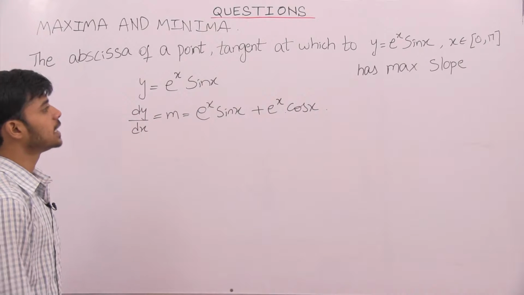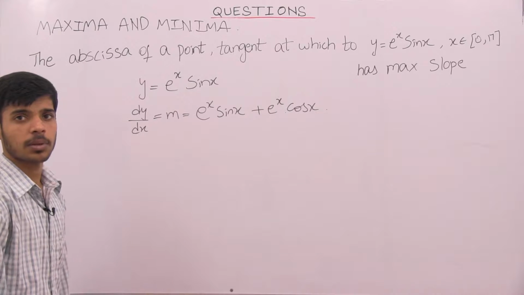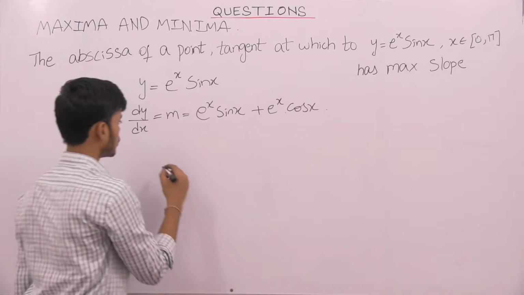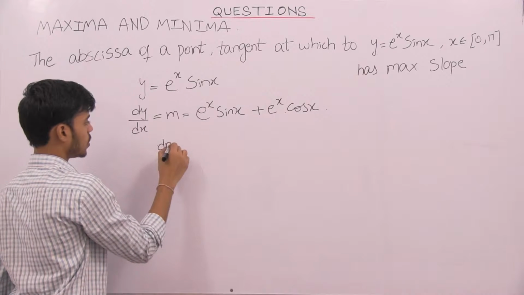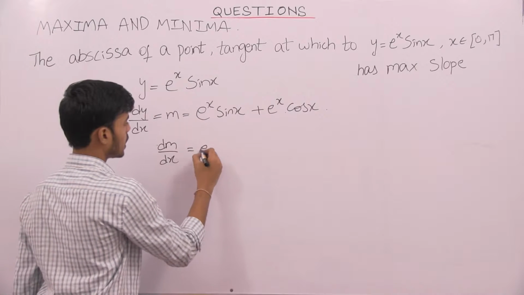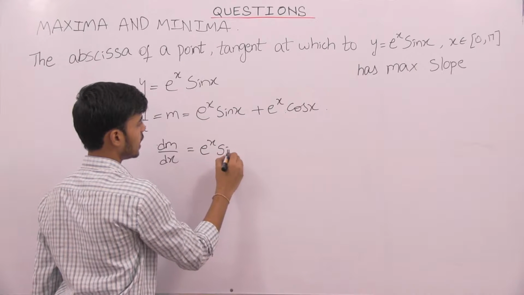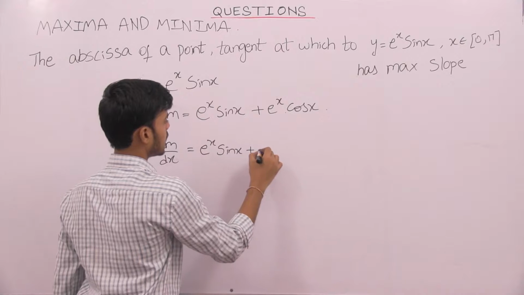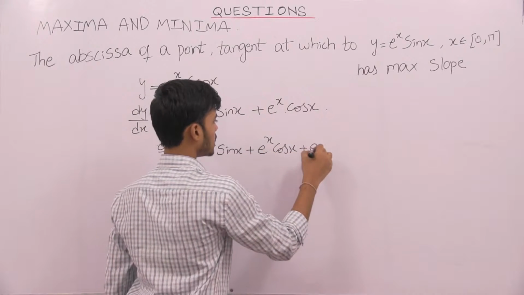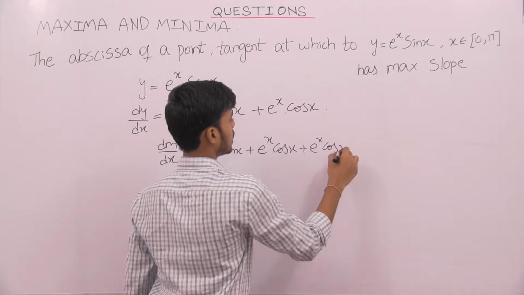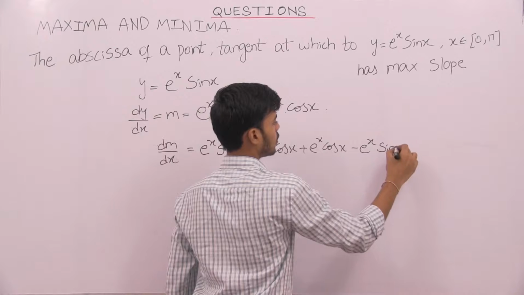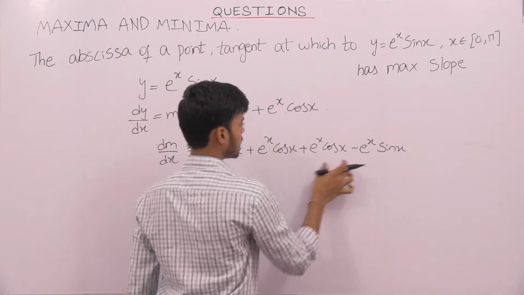Now it is given that the slope is maximum. If the slope is maximum, then the first derivative of this should be equal to 0. So dm by dx is equal to e power x sin x plus e power x cos x, again plus e power x cos x minus e power x sin x, because the derivative of cos x is minus sin x.